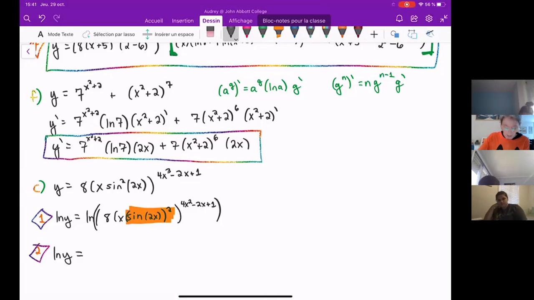I'm separating the 8. That 8 is not to the power. So we're starting with rule 1. And this is going to be ln 8 plus ln of x sine of 2x squared all to the 4x cubed minus 2x plus 1.